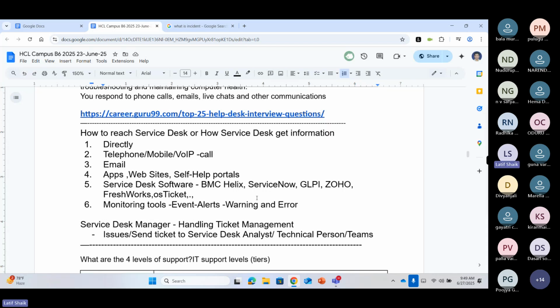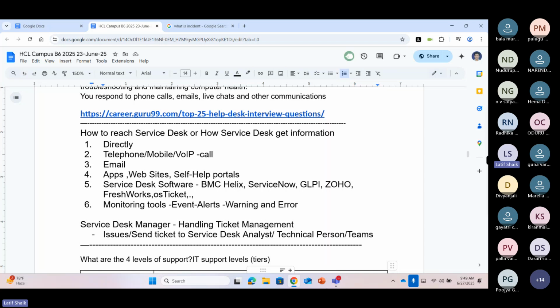So I said it is direct. When I joined the organization in the 70s, I needed internet connectivity, Wi-Fi connectivity. I reached directly to my service desk because both were on the same floor at that time. I asked them for my internet connection. So that is the direct approach.